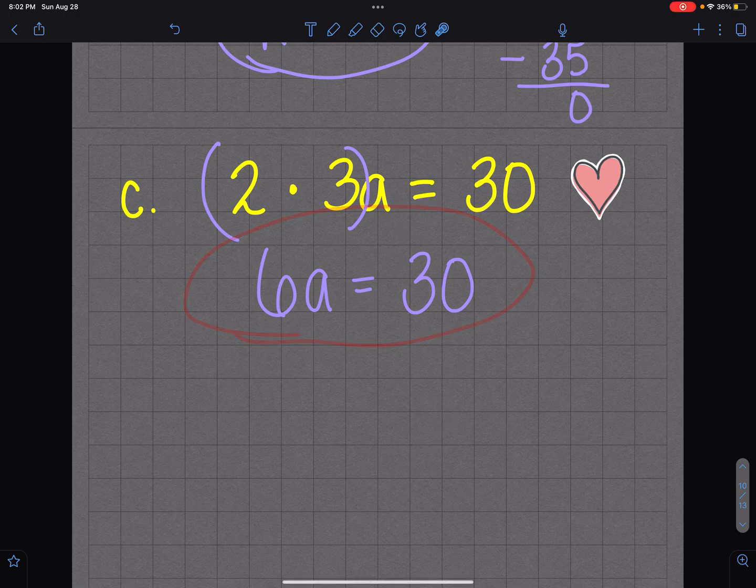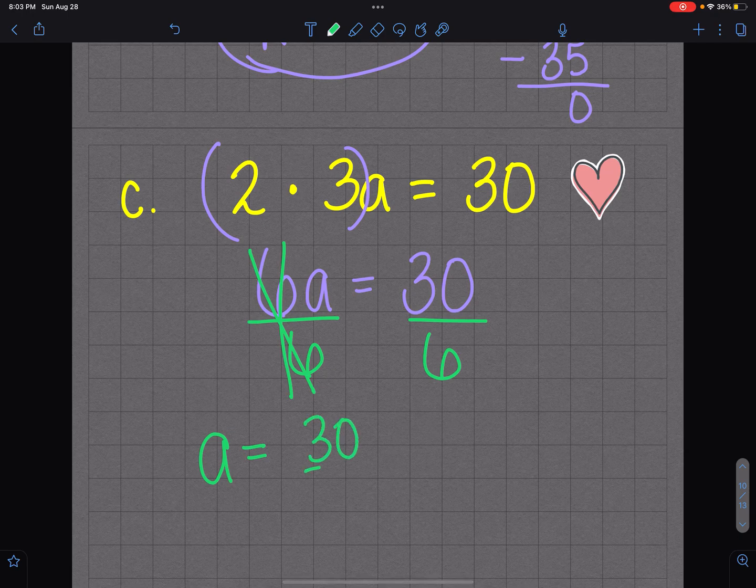6 times a is equal to 30. So let's figure this out. The inverse operation is division. So I'm going to divide both sides by 6. I'm going to make that cancel out because 6 over 6 is just 1. So now I have a is equal to 30 divided by 6. And when you take 30 divided by 6, I can just do that in my head because I know that 6 times 5 is 30.